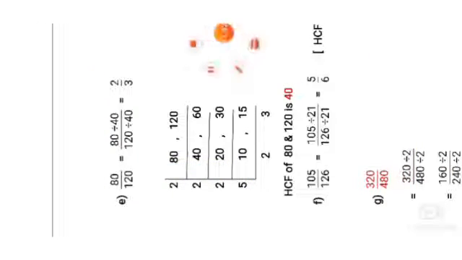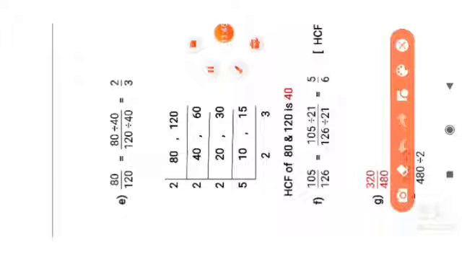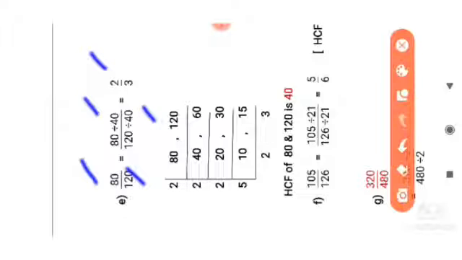Our next task is we will divide this numerator by 40 and the denominator by 40 also, separately. So 80 divided by 40 is 2 and 120 divided by 40 is 3. If you cannot divide it orally, then you will do the rough work. So finally our sum E answer is 2 by 3. So the simplest form of 80 by 120 is 2 by 3.